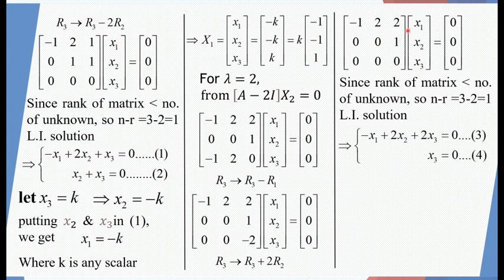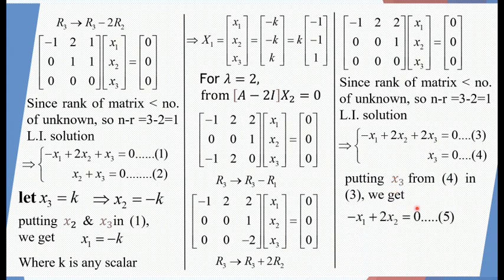So in this case we make two equations. One is minus x1 plus 2x2 plus x3 is equal to 0, and another one is x3 is equal to 0. So from equation number 4 we get the value of x3 which is equal to 0, and on putting x3 in equation number 3 we get minus x1 plus 2x2 is equal to 0. Let it be equation number 5.